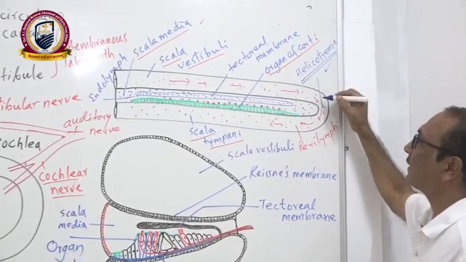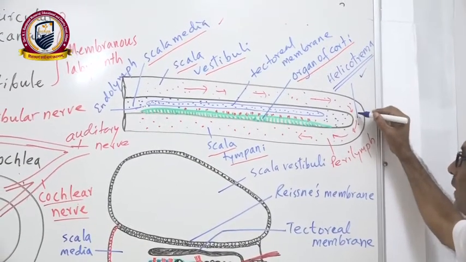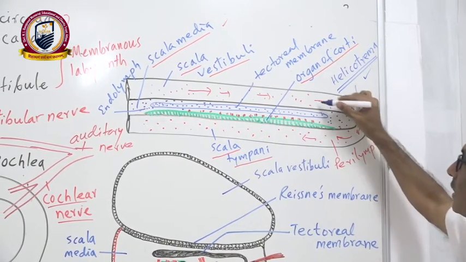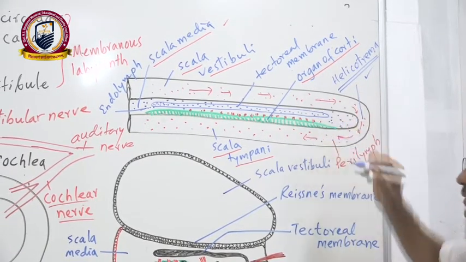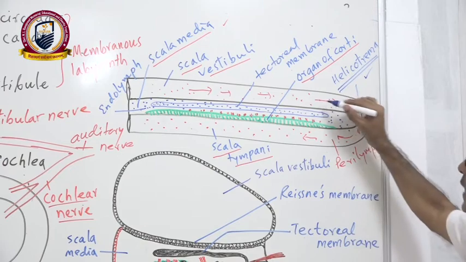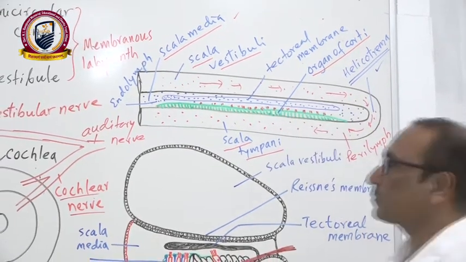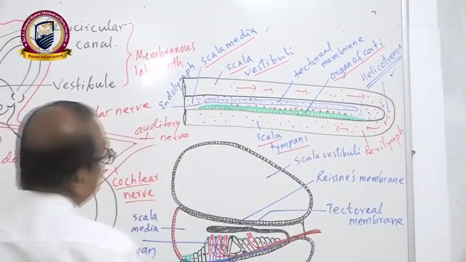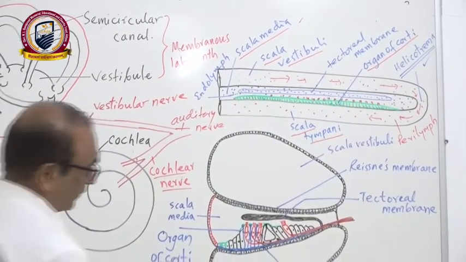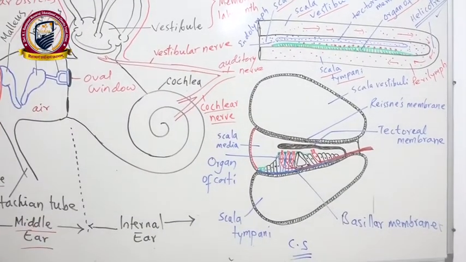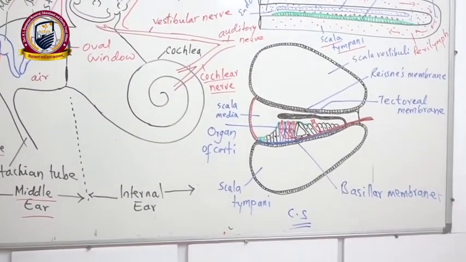So helicotrema is the small space or passage which connects the upper and the lower tubes, and the perilymph continues through it. Now the same structure in a cross section I have taken here to study the detailed parts of the cochlea further.